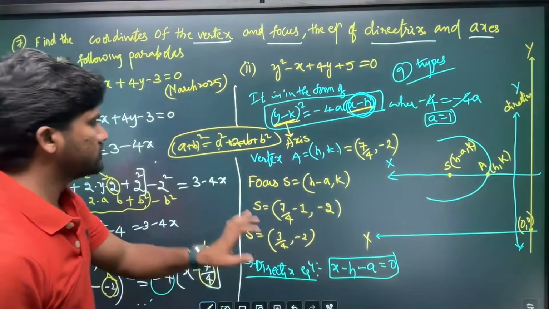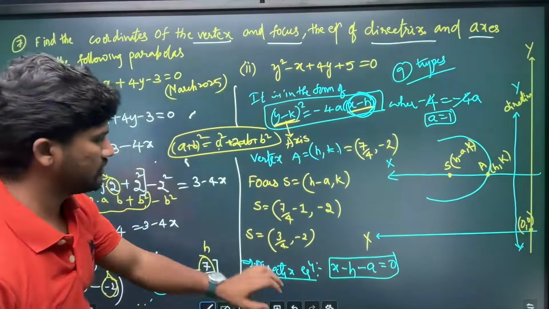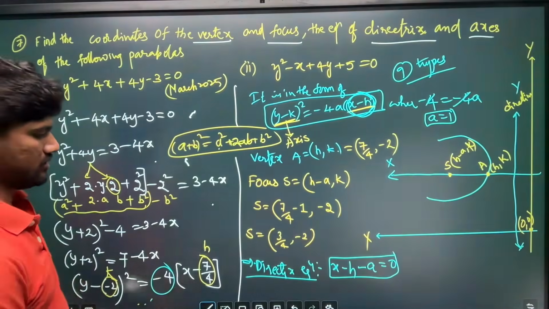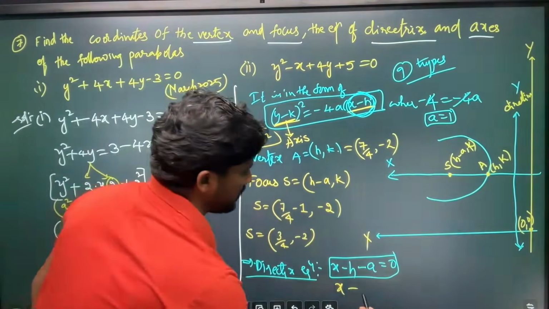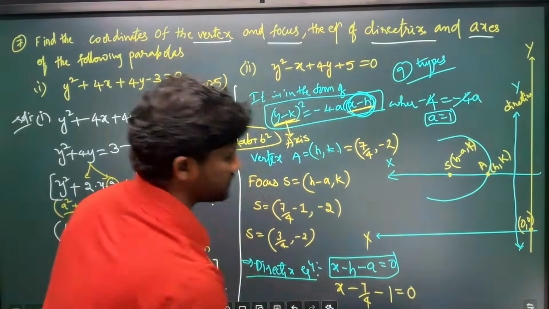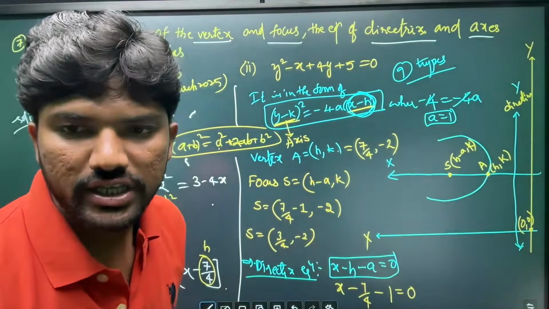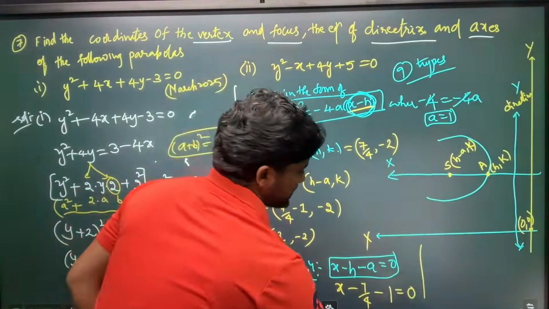సో ఇక్కడ చూడండి, కొంచెం ట్రిమ్ చేసి ఒకటే సైడ్ అయిపోతుంది మనకు సొల్యూషన్. చూడండి మనకు అది జూమ్ అవ్వట్లేదు. So x minus, what is h value, 7/4 minus a value 1 is equal to 0. x minus 7/4 minus 1 is equal to 0. Okay, now take LCM. What is LCM here?